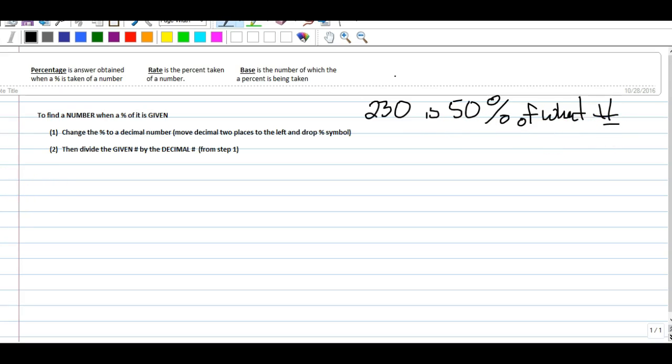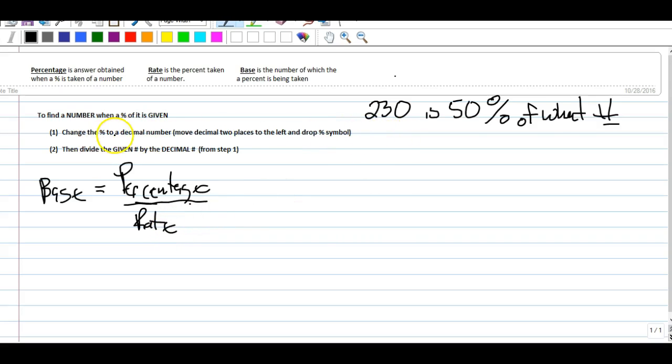So if I were going to write that as a formula, it would be the base is equal to the percentage over the rate. And again, I'm not going to get real hung up on these terms because sometimes the students have difficulty understanding the difference between the percentage and the percent, or which is actually the rate.